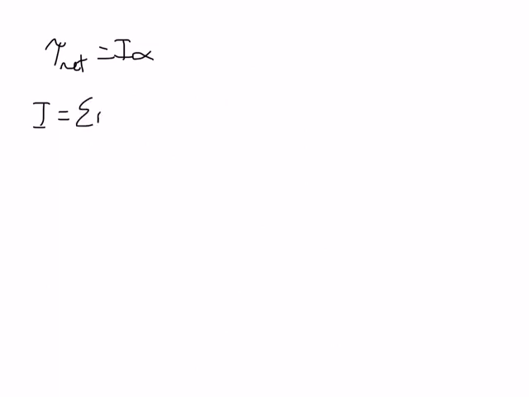We have point masses, so I'm going to use the discrete version of the moment of inertia calculation. And we have essentially 2 of them, right? We have a mass 4m a distance L from the pivot point, and a mass m a distance L from the pivot point.